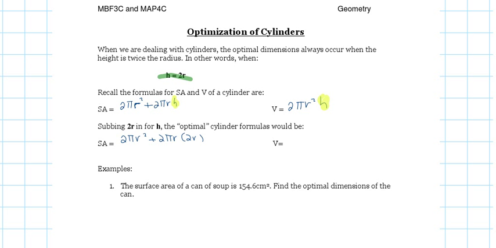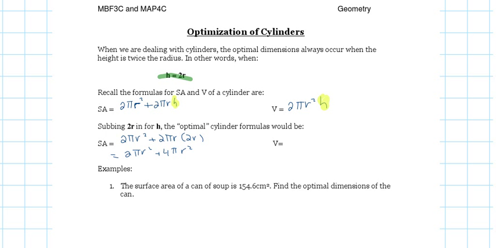Now, let's simplify this. That's going to be 2 pi r squared plus 2 times 2 is 4 pi r squared. Are you okay with this up to now? So I have 2 pi r squared plus 4 pi r squared.